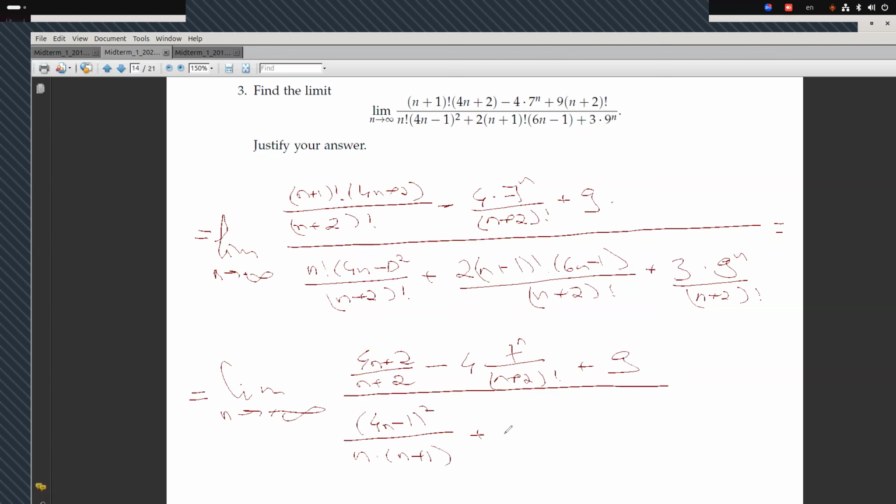So if you prefer to choose, for example, this term as the fastest term and divide numerator and denominator by this, feel free to do it and you will get the same answer. Or if you choose this middle term, again you will get the same answer, because they both behave as (n+2)!. Okay, thank you.